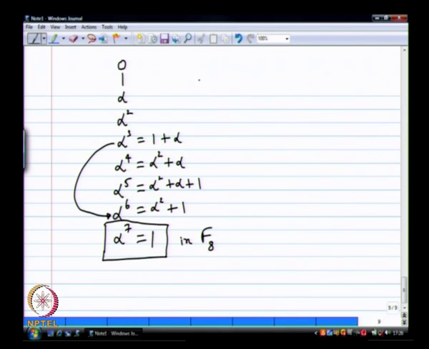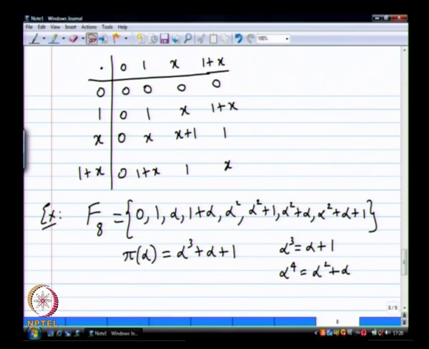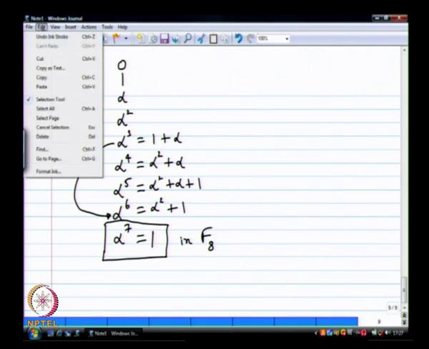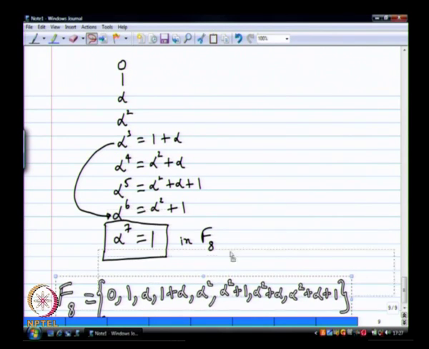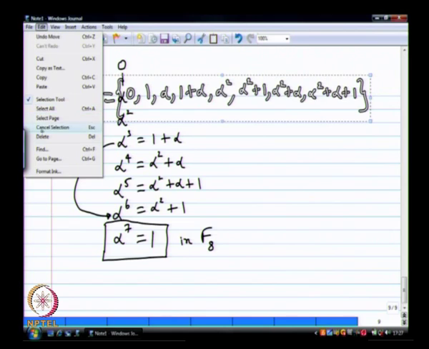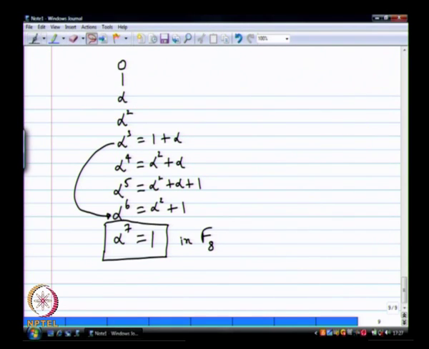So I wrote previously F8 as this. How did I write F8? See, I wrote F8 as this guy, right? Anyway, the cutting and pasting is not really working out because the size I am not able to adjust, so let me write it again.